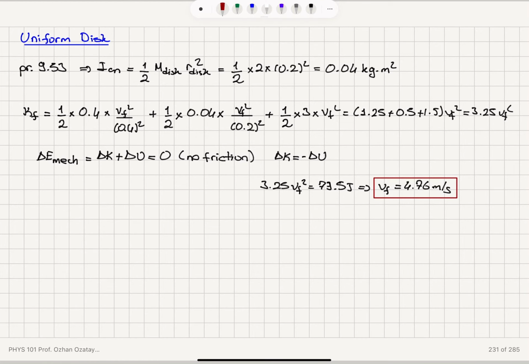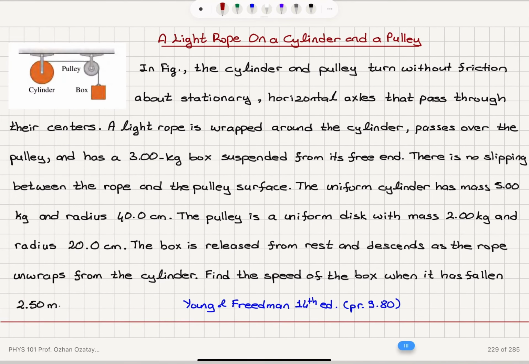Okay, now to summarize, we have a setup consisting of a cylinder that has a string wrapped around it and a uniform disc pulley, and there's a box attached to the system which is released from rest and descends as the rope unwraps from the cylinder and goes over the pulley.